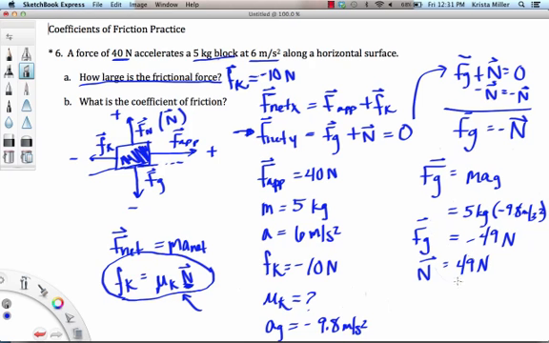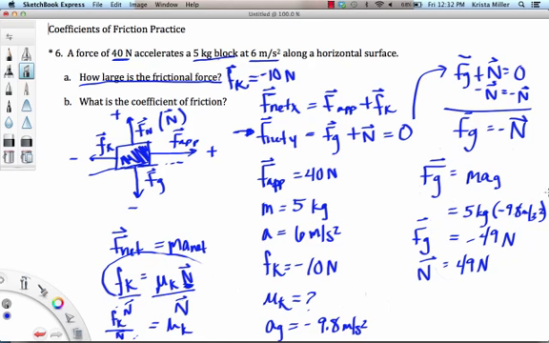Now, if we're going to use F sub k equals mu sub k times the normal force, we have to divide out the normal force to figure out the coefficient of friction, right? If we divide out the normal force on both sides, we get mu sub k equals force of kinetic friction divided by the normal force.